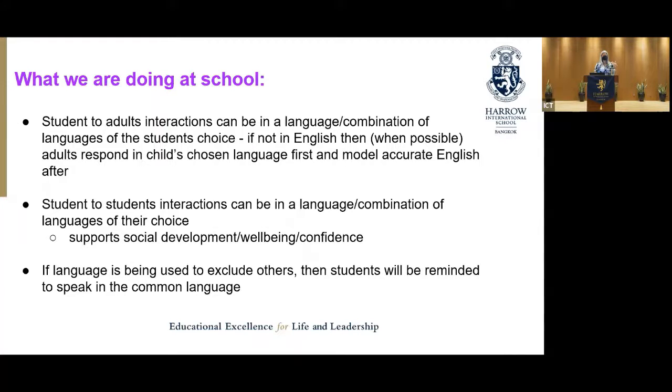So when I talk about these student-adult interactions, it will typically be children interacting with our Thai staff in Thai and then modeling it back in English. If a child came to speak to me in Thai, I would say, I'm really sorry, sweetheart, I don't understand. Can you try and say it in English? Or I would ask somebody to help me. So when practicable and purposeful, that will be the situation.